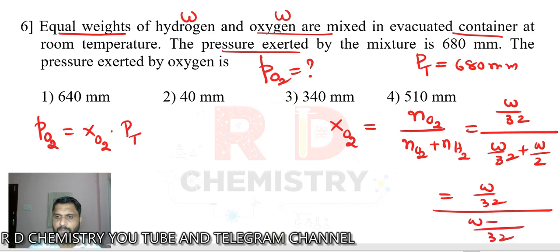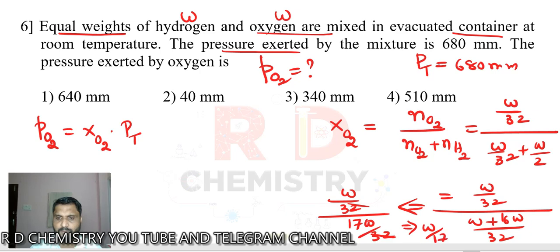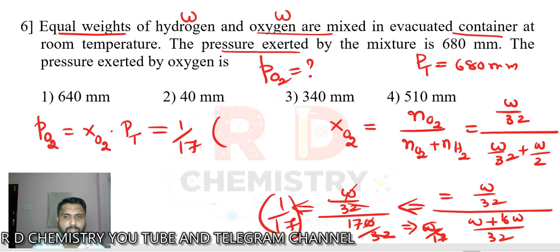So W plus 16 times W, this is W divided by 32, this is 17W divided by 32. That 32 gets cancelled, W also gets cancelled. So the mole fraction is 1 by 17. So substitute here 1 by 17 into the total pressure given, 680. Okay, right?